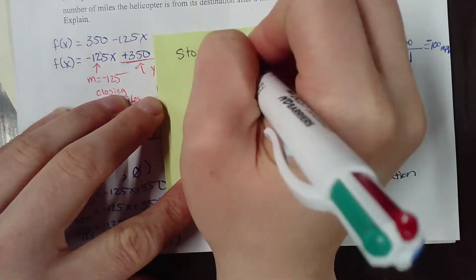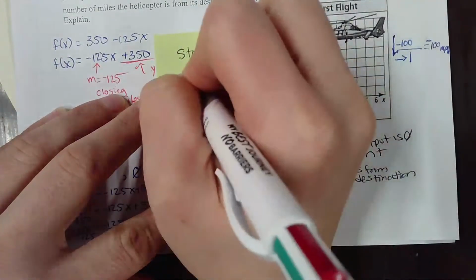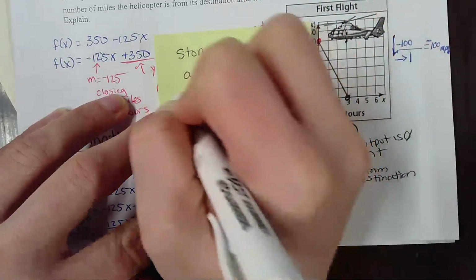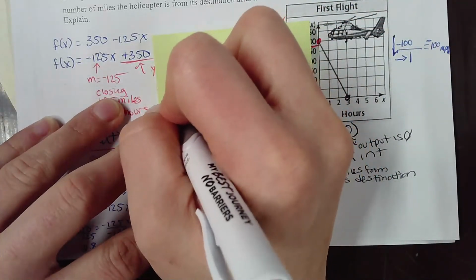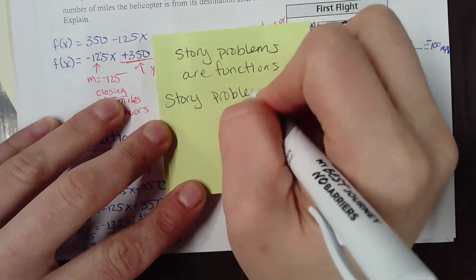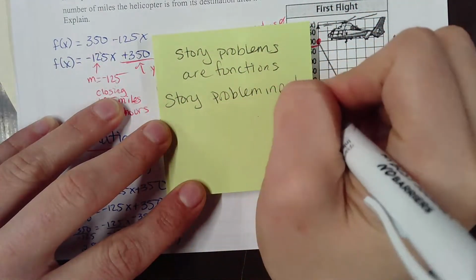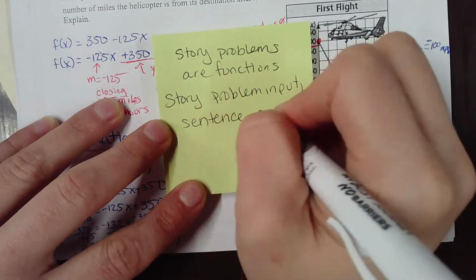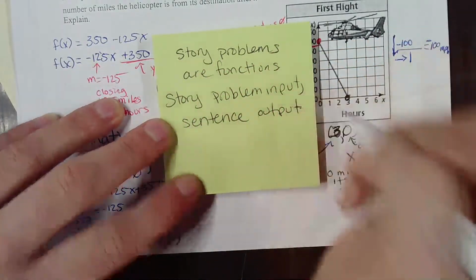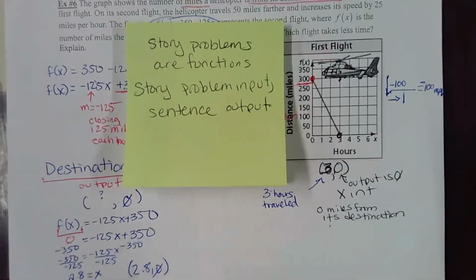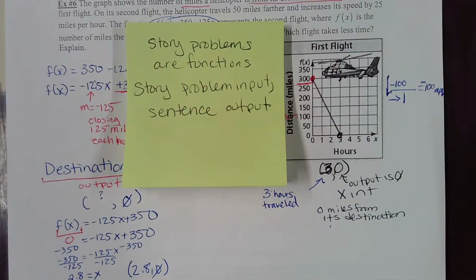Story problems are functions. Story problem input, sentence, output. Using your information here, how could you interpret this problem to get full points?